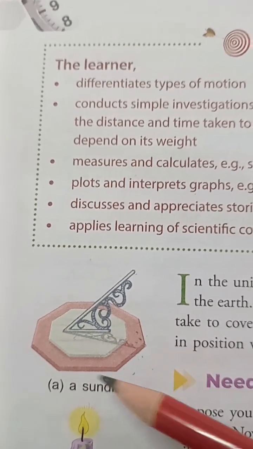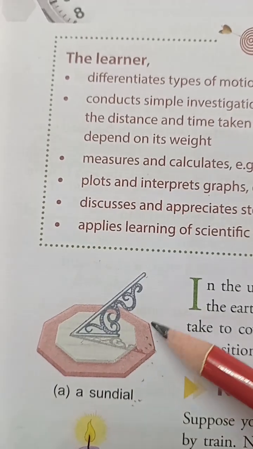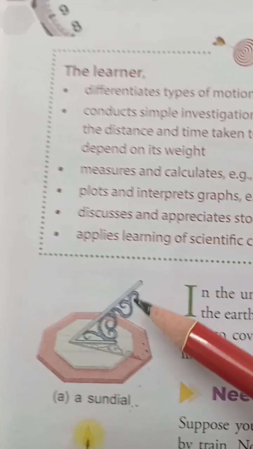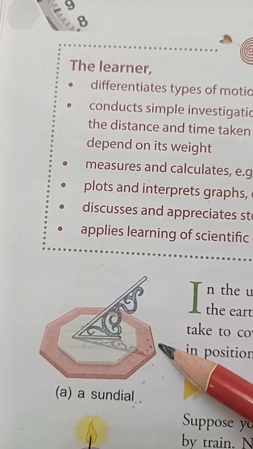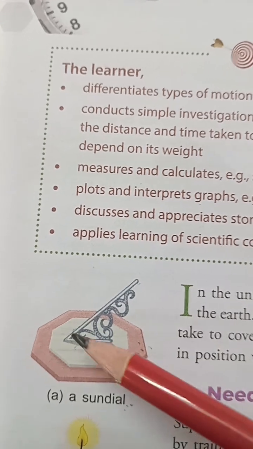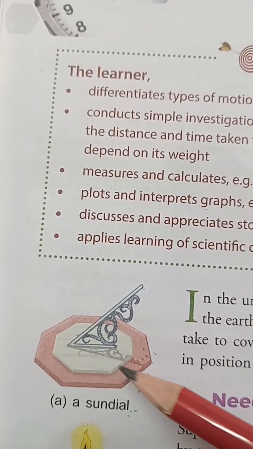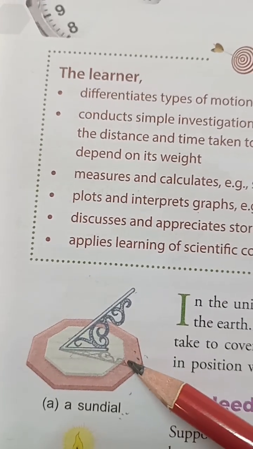Okay. So it is generally a round disc having marks like a clock, and there is an upright structure which casts a shadow on the sundial. By measuring the length of this shadow, you can measure the time.